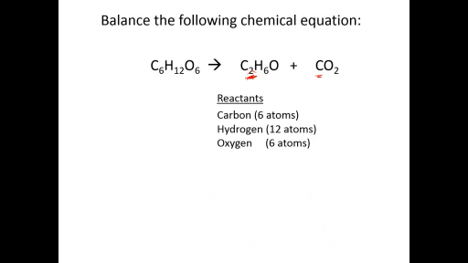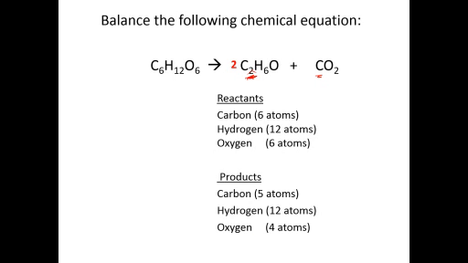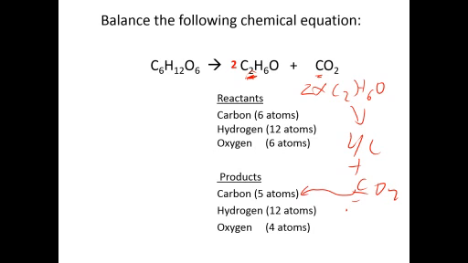So what you can do is throw a 2 in front of the ethanol. 2 molecules of ethanol give you a total of 4 carbon atoms, and you still have 1 carbon atom in CO2, which gives you 5 atoms of carbon. 2 times 6 for the hydrogen gives you 12 hydrogen atoms.